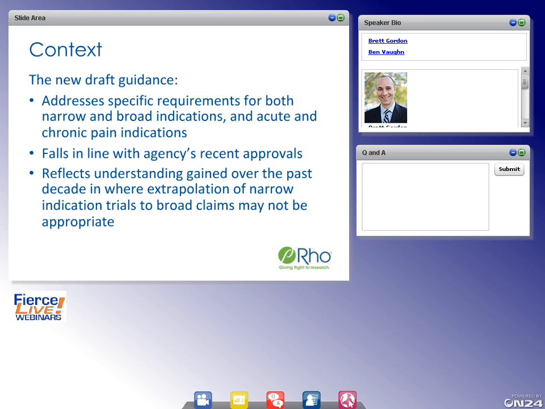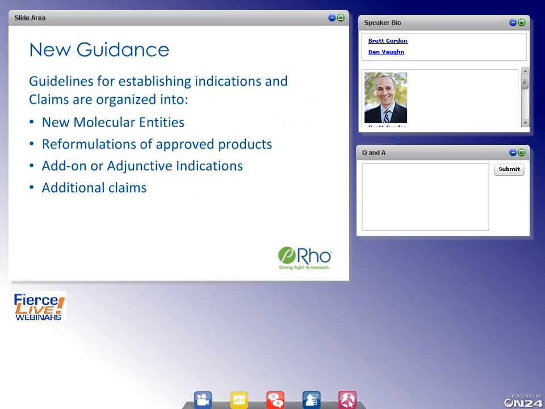Again, the guidance is really well organized. The guidelines for establishing indications and claims are organized into new molecular entities, reformulation of approved products, add-on or adjunctive indications, and some additional claims. And it's clear that the FDA has put a lot of thought into this. If you look back at the Cymbalta AdCom in 2010, a lot of things that are in this guidance are laid out and described there.